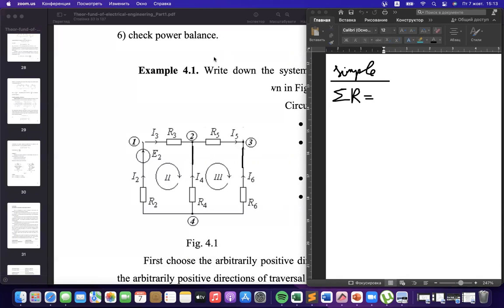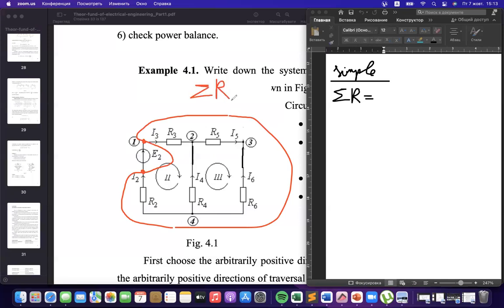This resistivity should be near the point of our source. It means that we are searching for the resistivity of the whole network near the point of the source. It would be our total resistivity. How could it be found?